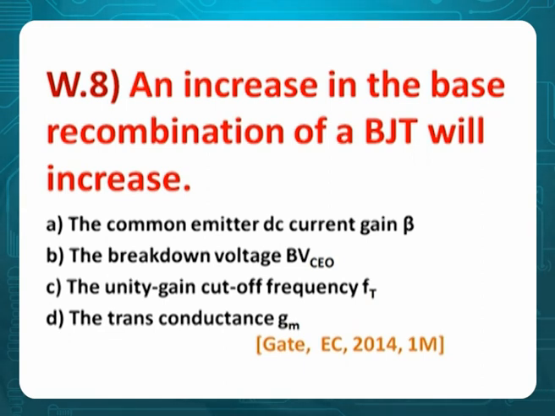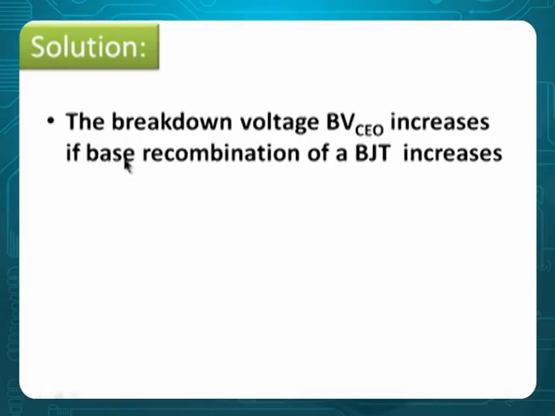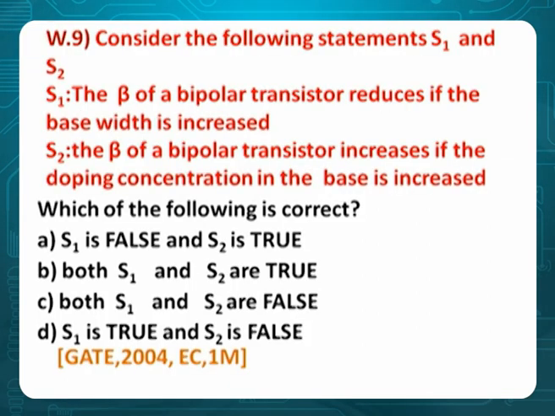When IC is decreasing, what will happen? Automatically the drop is increased, therefore the voltage VCE decreases. So when the base recombination of BJT increases, you have so many things affected, but the breakdown voltage increases if the base recombination of BJT increases. So option is B.